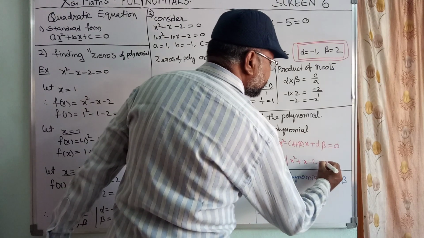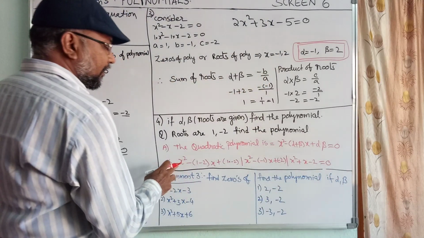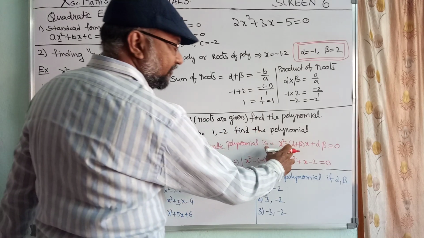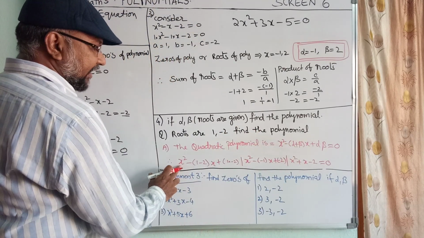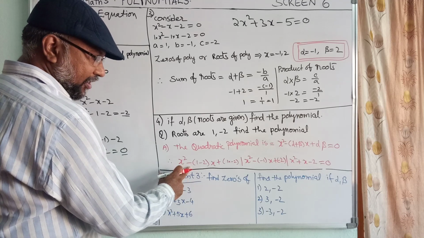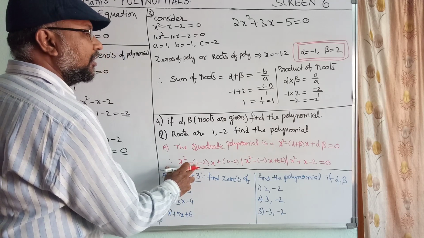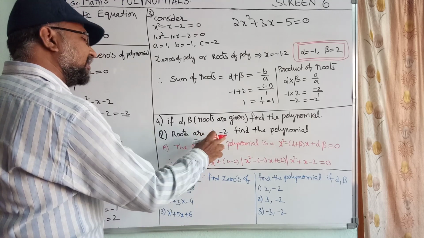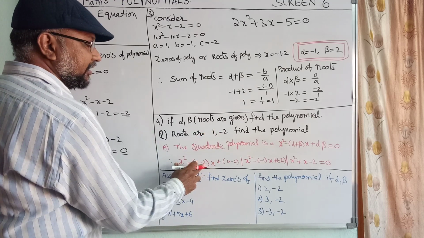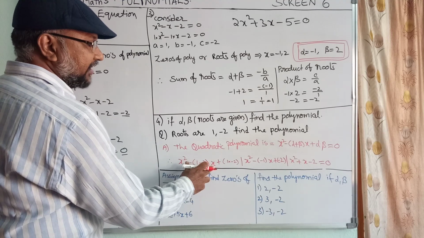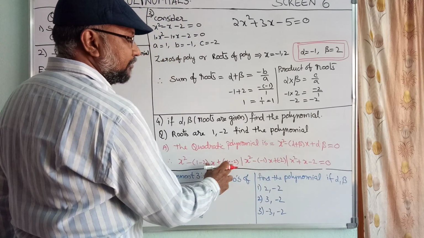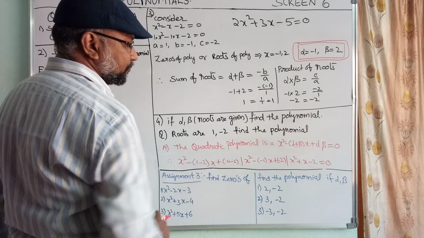Therefore, now substitute in place of alpha and beta. x square minus, that is the formula, alpha plus beta. Alpha is 1 plus of minus 2, of x plus alpha into beta. Alpha is 1, beta is equal to -2.